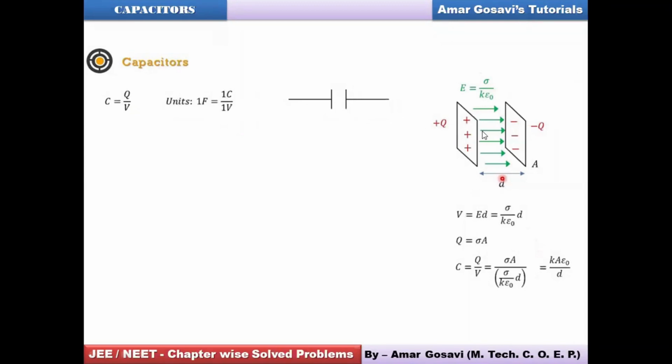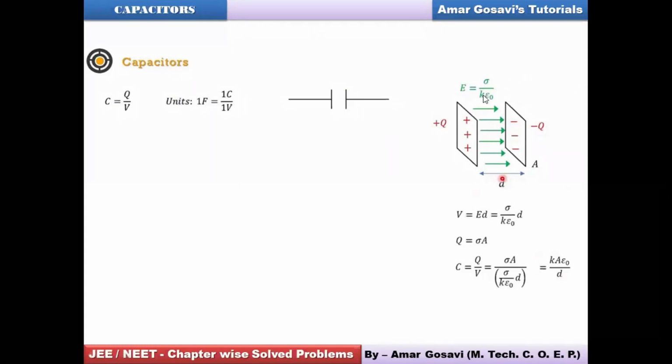So when we are talking about parallel plate capacitor, friends, the electric intensity generated between the two charged plates, which is always directed from positive charge to negative charge, for a distance d in this case, would be given by E is equal to sigma upon K epsilon naught as per the Gauss theorem which we have studied. Sigma is the surface charge density, that is charge per unit area.